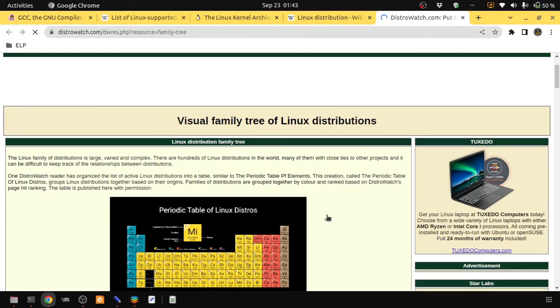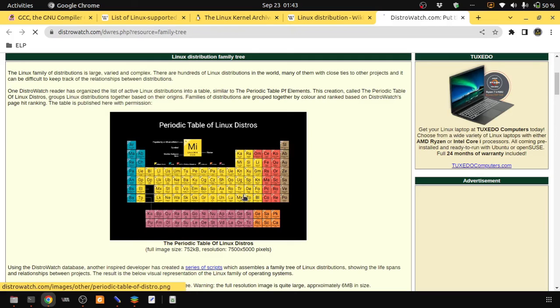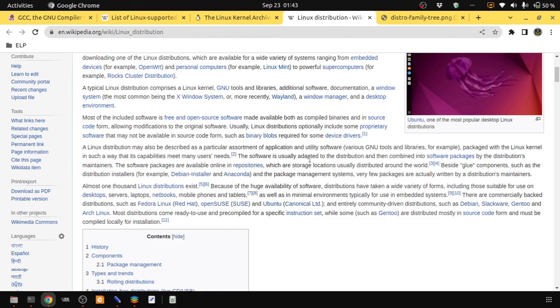See, somebody has put together a periodic table of Linux distros. Looks good. Yeah, I think this is taken from here. It's a very big image of Linux distributions.